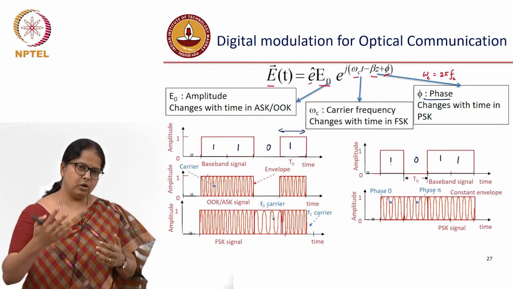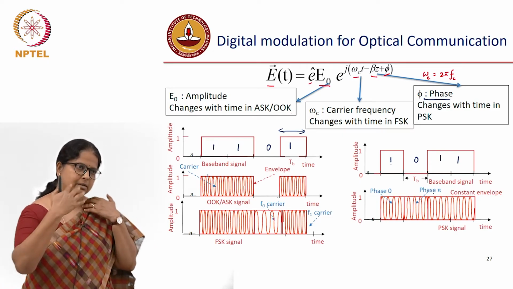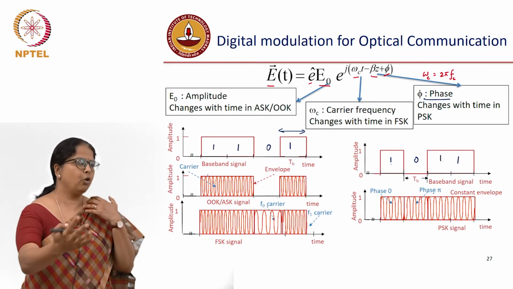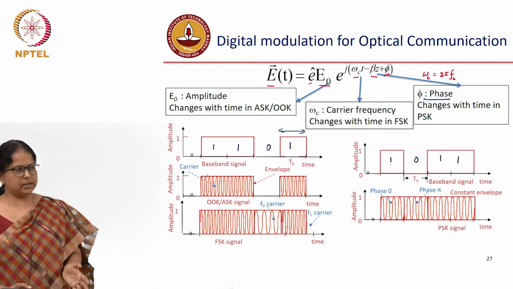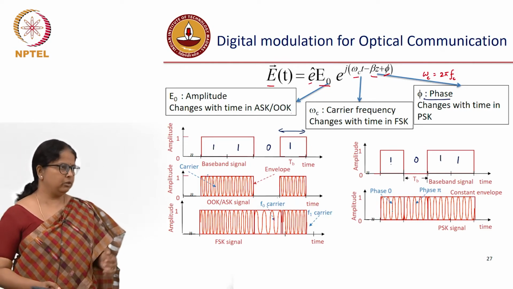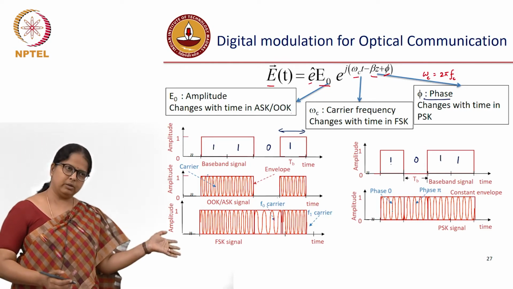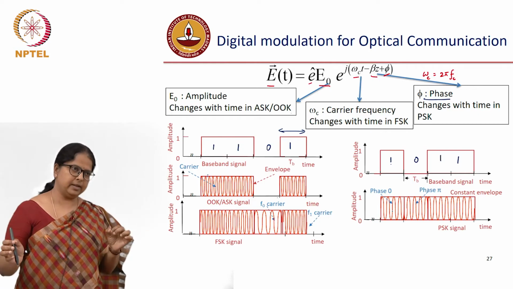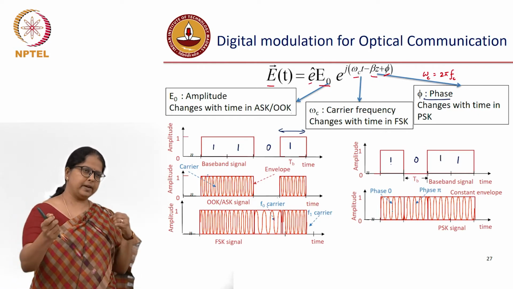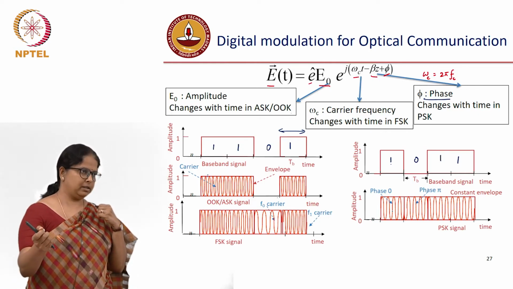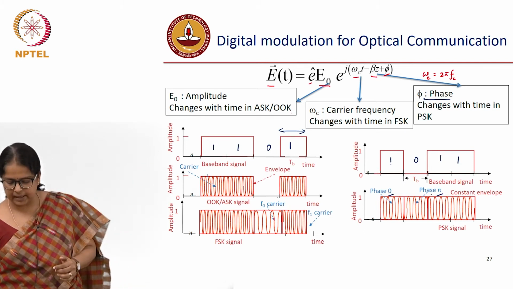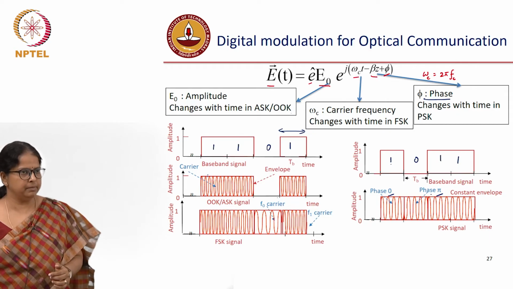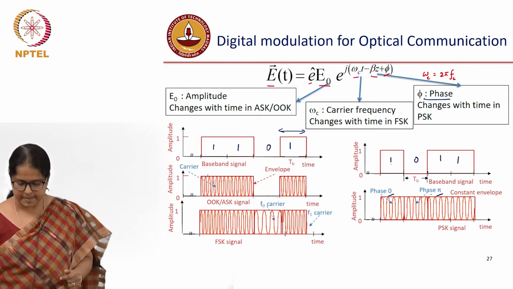So long as the transmitter and the receiver understand this coding, you can choose anything. I could choose pi by 2 and 3 pi by 2. I could choose any two different phases. I would keep the two phases opposite to each other, just like 1 or 0. I would use 0 or pi as far as the phase is concerned, pi phase shifted apart.